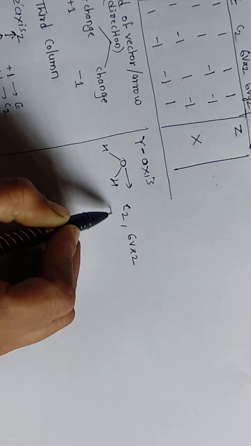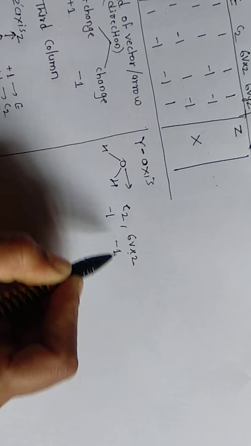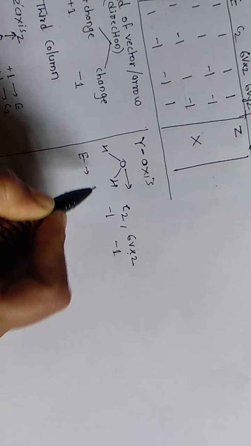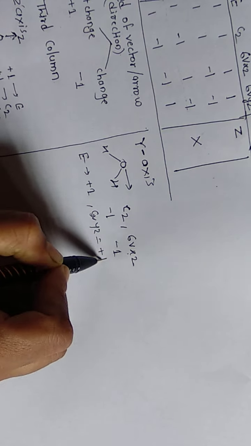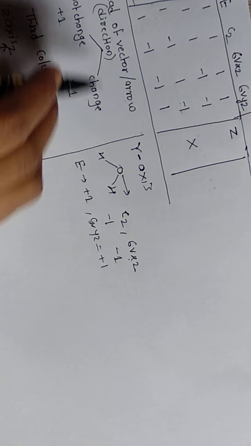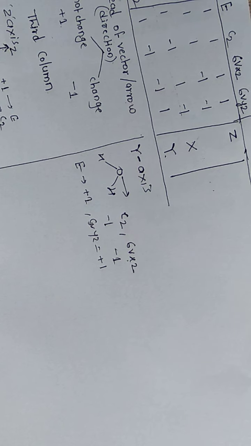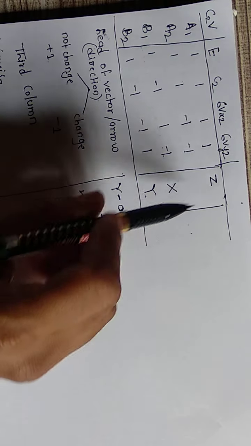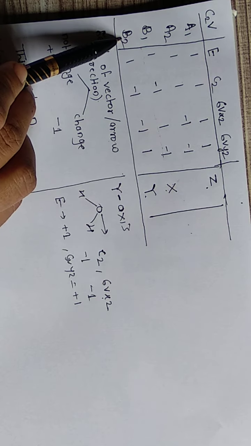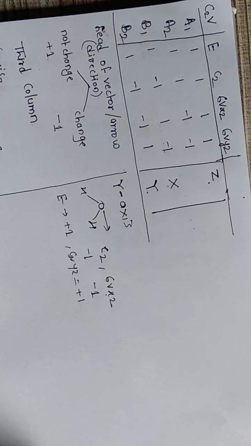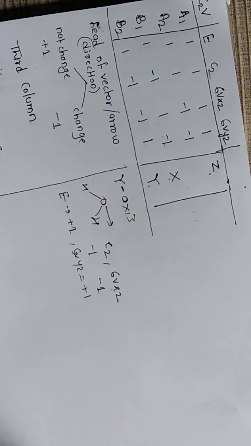That is, the character of C2 is -1 and the character of sigma v xz is -1, and the character of identity is +1 and the character of sigma v yz is also +1. This belongs to B2. So in A1 the Cartesian coordinate is z, in B1 the Cartesian coordinate is x, and in B2 the Cartesian coordinate is y. This is about the Cartesian coordinates or the vectors x, y, z.